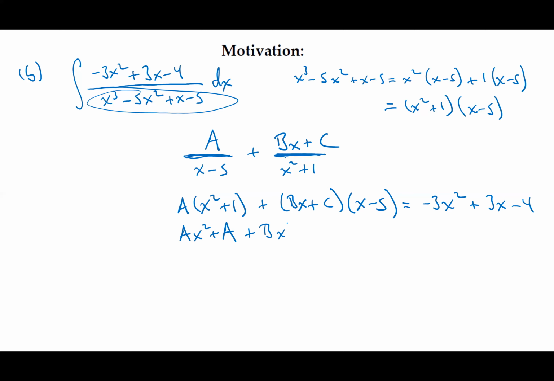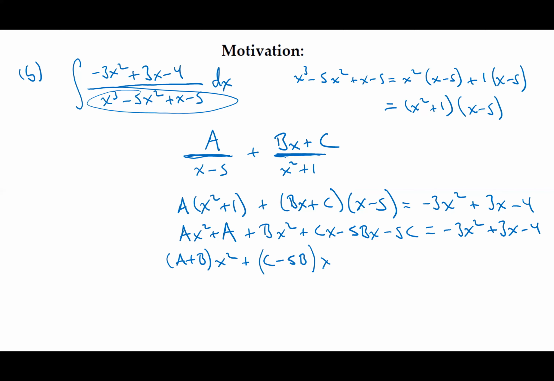So bx squared, and then cx minus 5bx minus 5c. And now we're just going to factor accordingly and regroup.